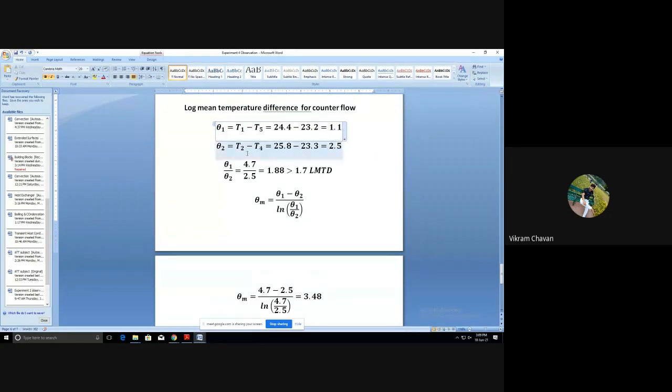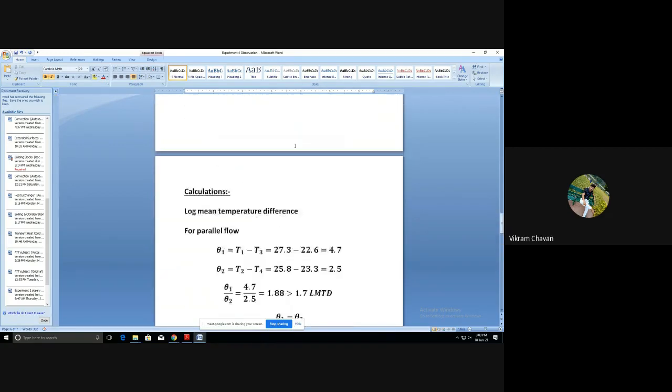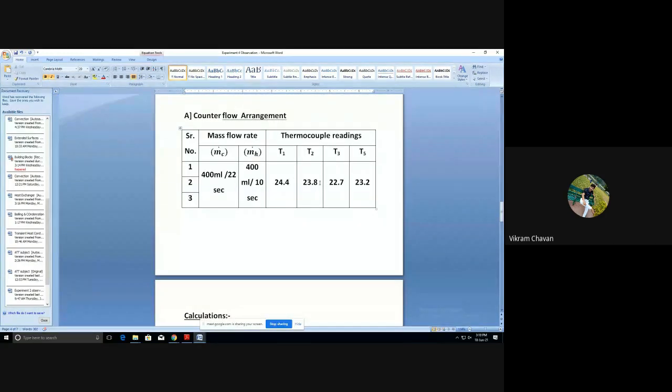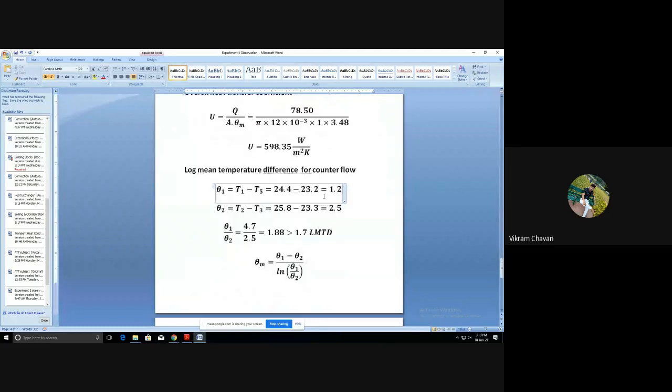Then T2 minus T3. Theta 1 is 1.2. T2 minus T3: T2 in case of counter flow is 23.8 and T3 is 22.7, so it will be 1.1.